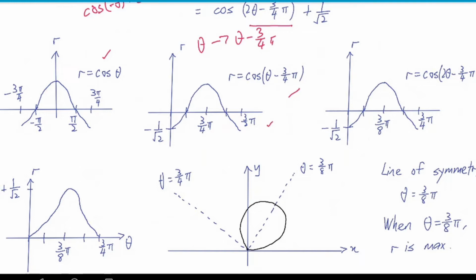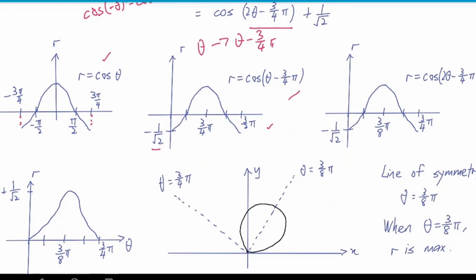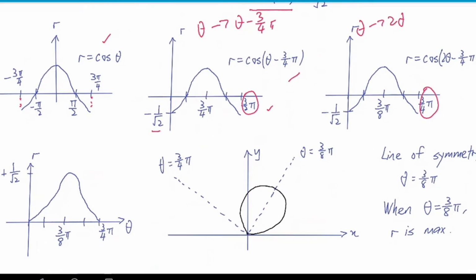And then the lowest value that we have here is 1 over root 2, because we are just drawing until negative 3 pi over 4 and 3 pi over 4 here. And then theta now becomes 2 theta. So you can see the theta values here are actually being halved. So we get 3 over 4 pi. And the last part is when we add the 1 over root 2 to this whole thing. When we add 1 over root 2, this is the final result that we are getting.